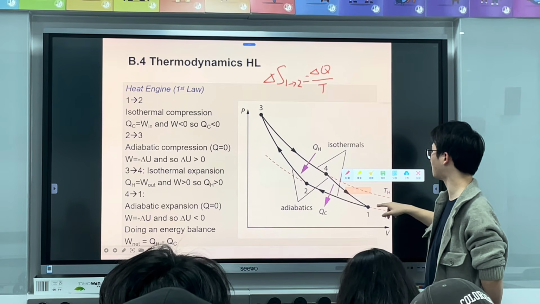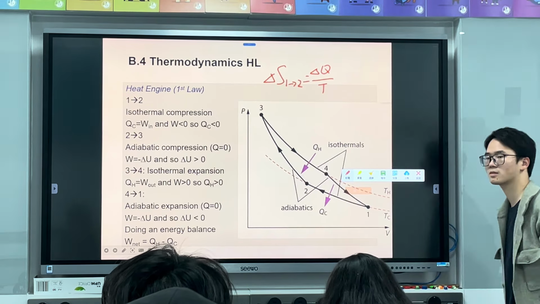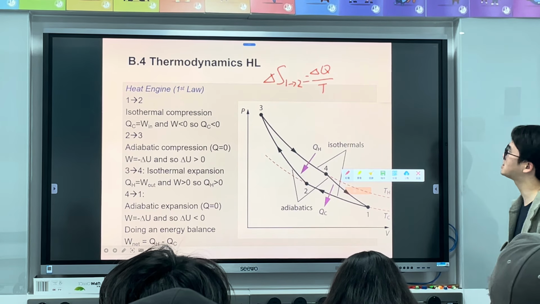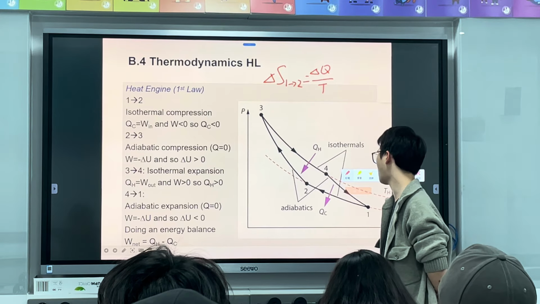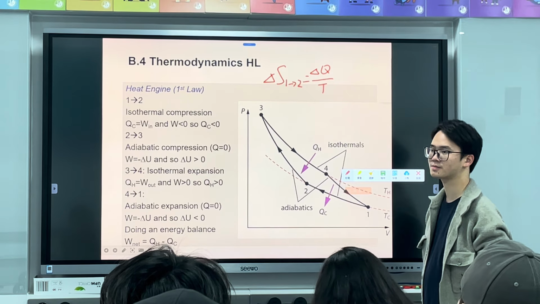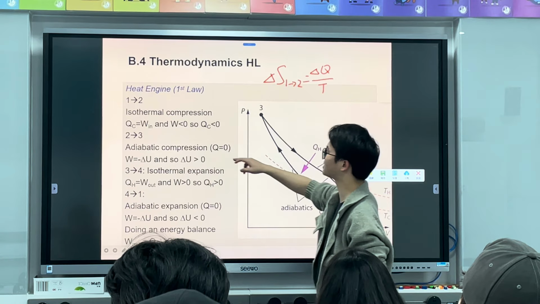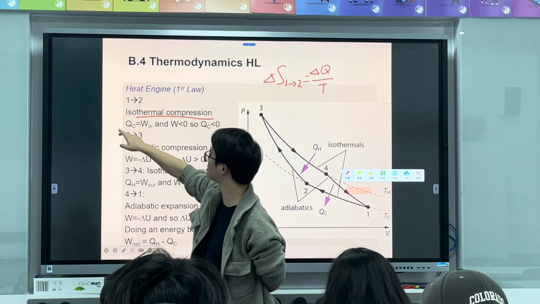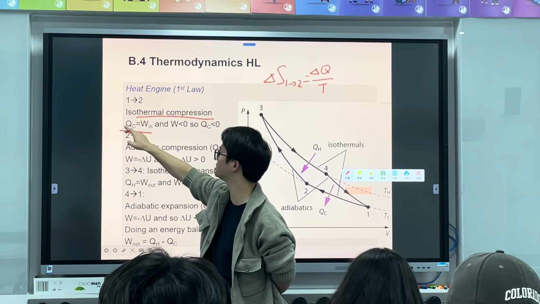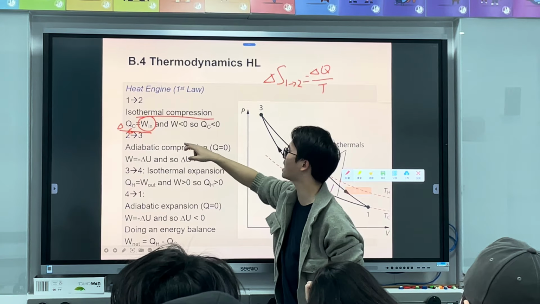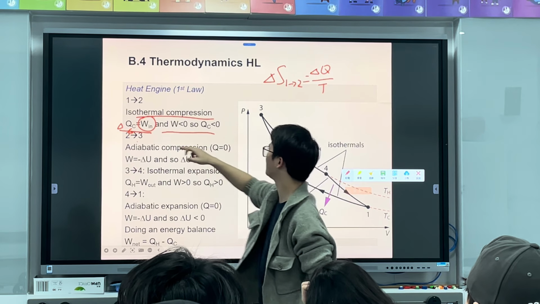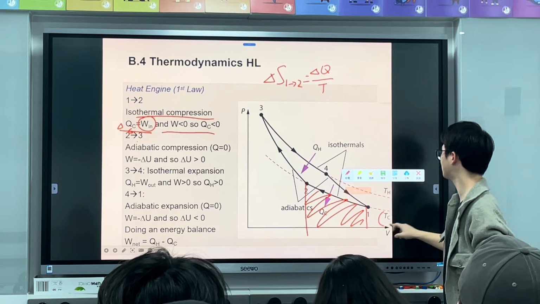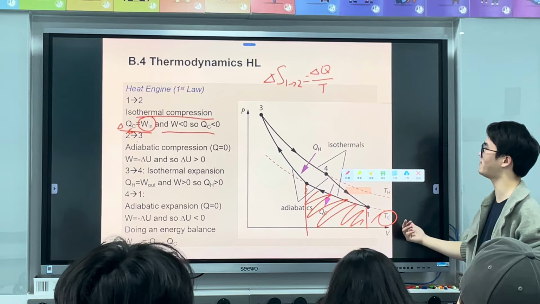What is the change in Q from 1 to 2? From 1 to 2, it's what process? Isothermal compression, right? And so the change in Q, delta Q, is equal to the work done by this process, which is this area. And then you just need to divide by Tc if you know the value of Tc.